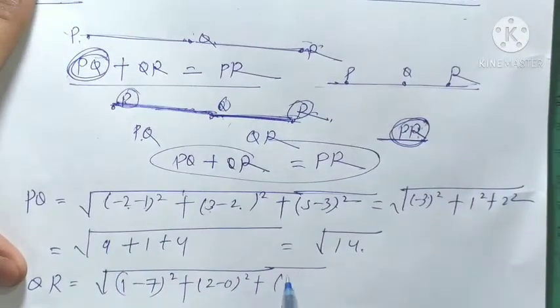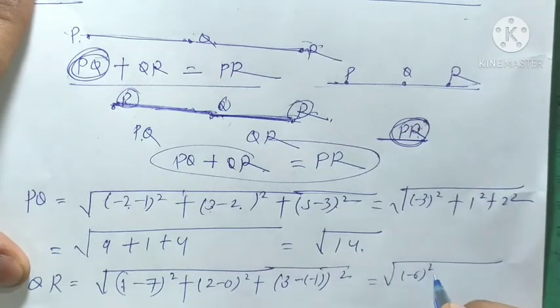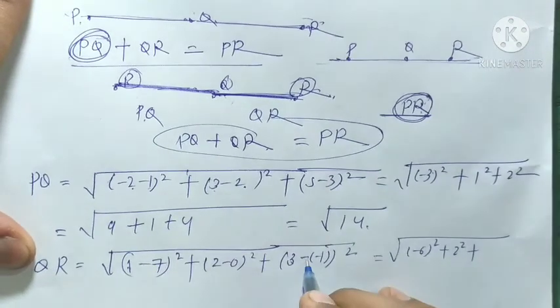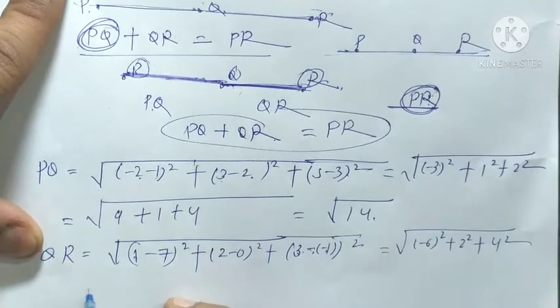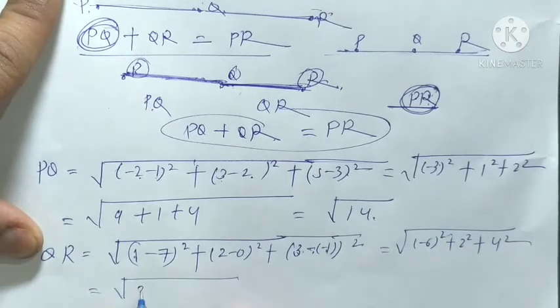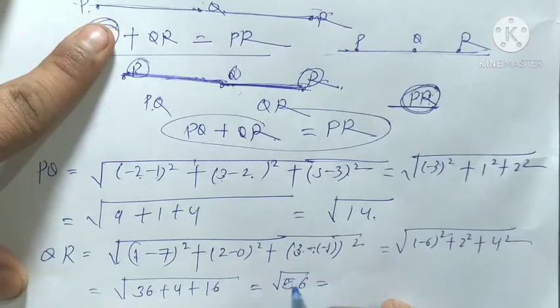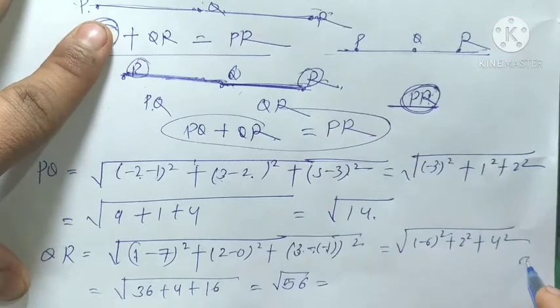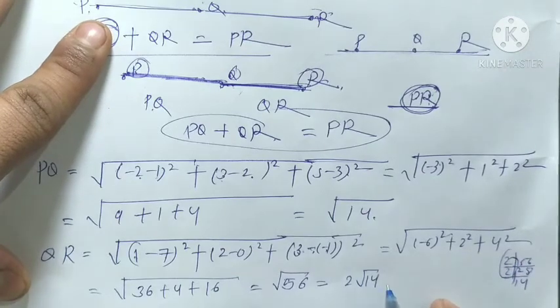So 1 minus 7 is minus 6 whole square, plus 2 square, and 3 minus minus 1 becomes plus, 3 plus 1, 4 square. So finally 6 square 36, 4 plus 16, 56, and we write here under root 56, so 2 upon under root 14.